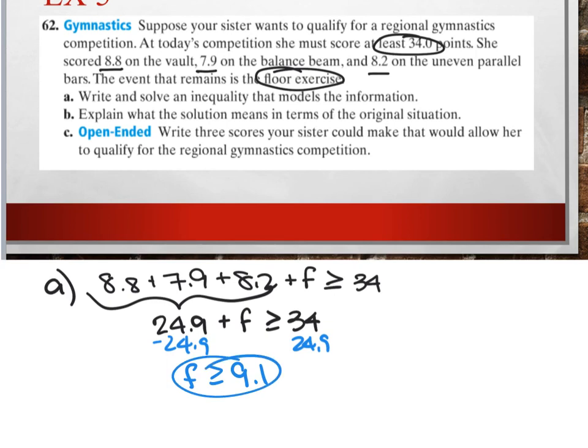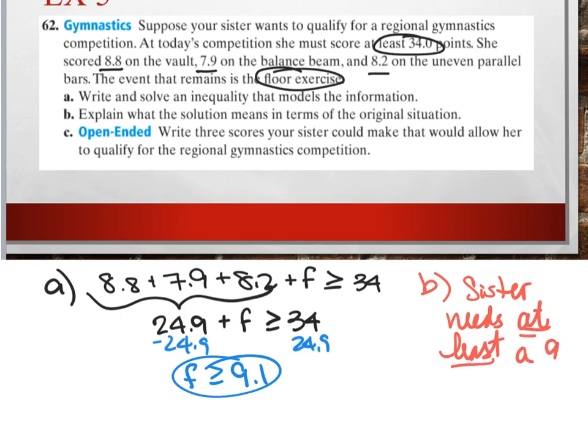And actually that was the answer for part B. So for part B, we'll say your sister needs at least, okay, so we want at least a 9.1 on the floor exercise.